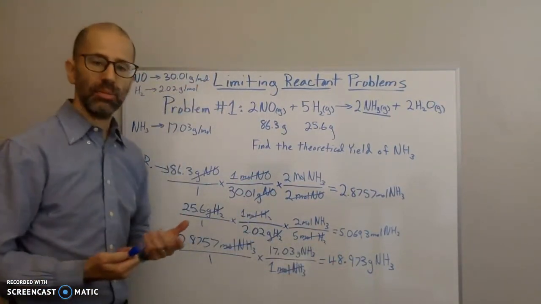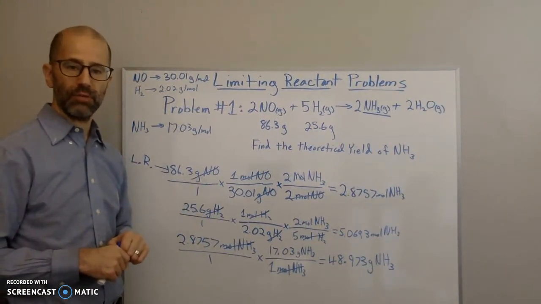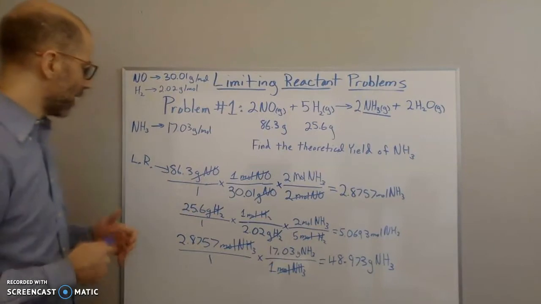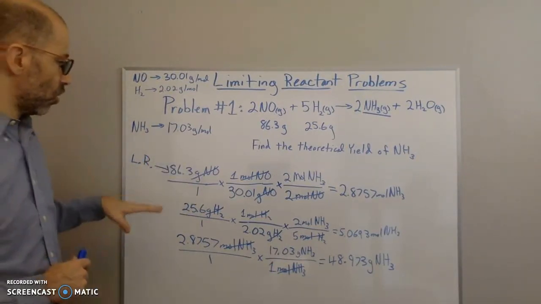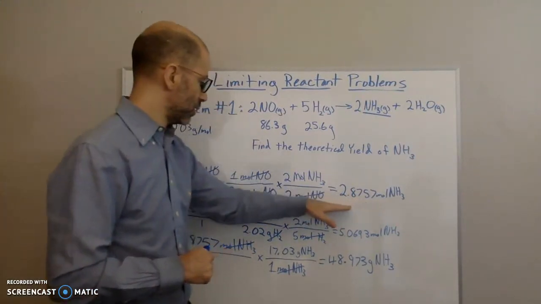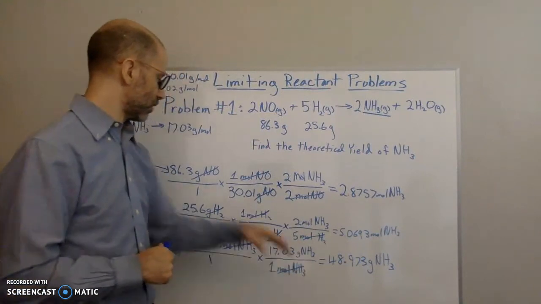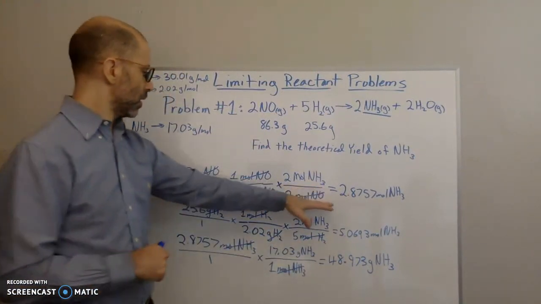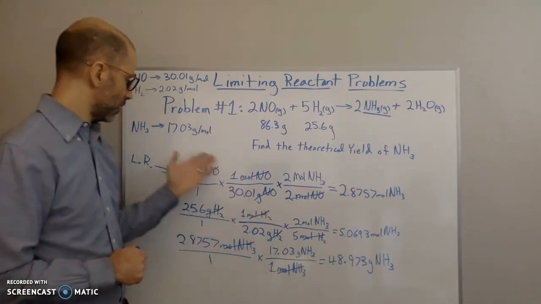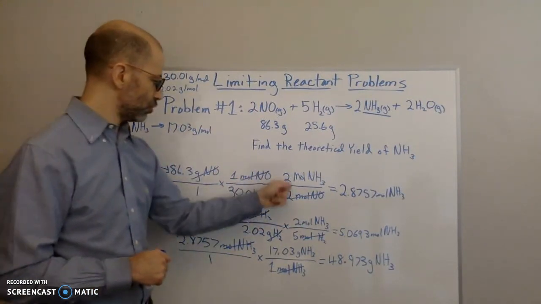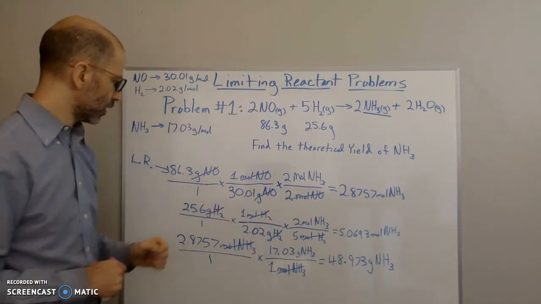I'm not done yet because I need to make sure about significant figures. So I have to go back to what I multiplied and divided by. To get this number, I'm ignoring the one I didn't use to continue my calculation. When I did this calculation, I got to get rid of the exact numbers. So 2 to 2, my mole ratios are exact, so I'm not going to look at that.